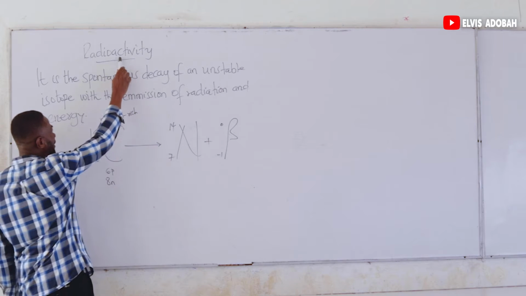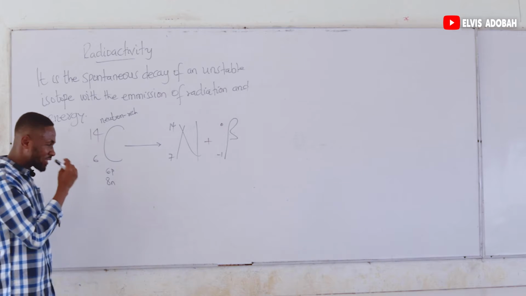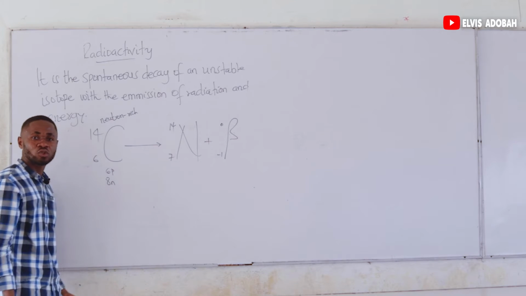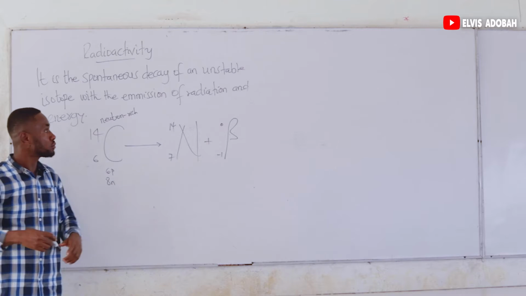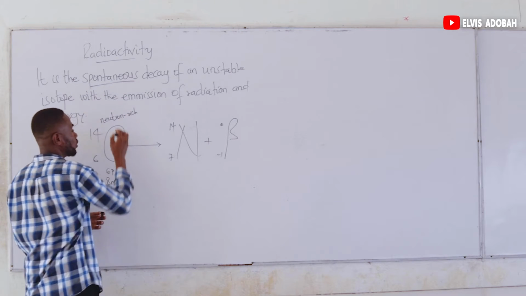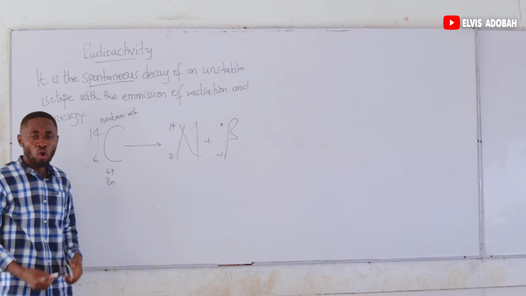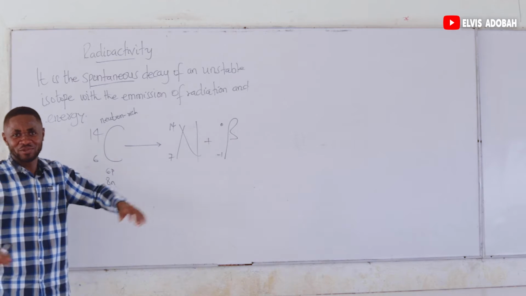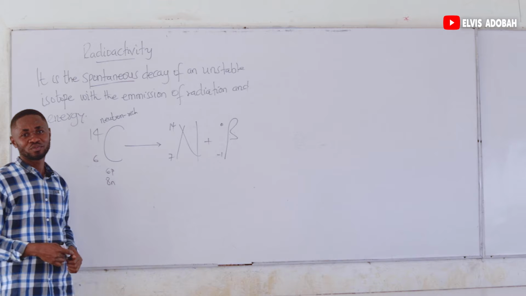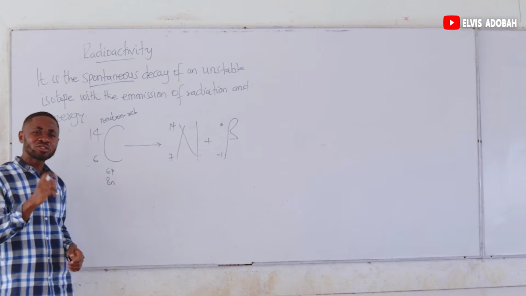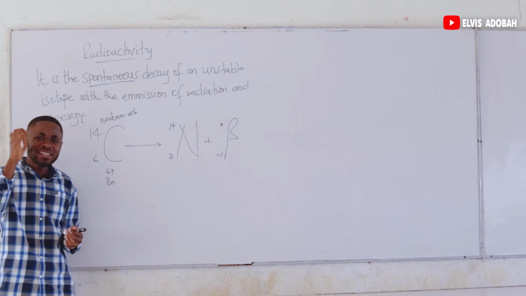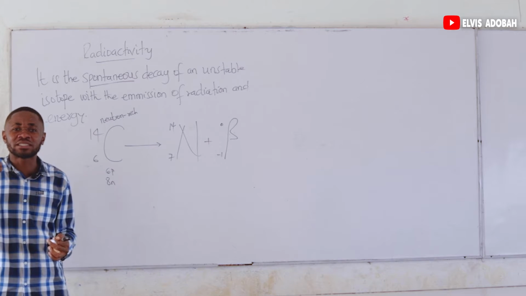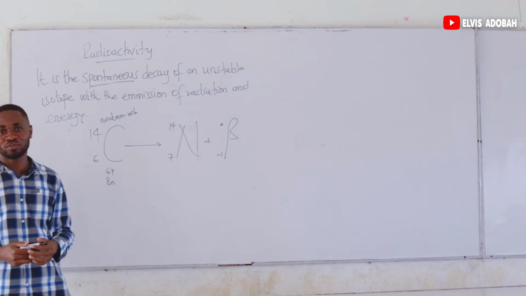So what radioactivity is telling us is that since this isotope is unstable, it will on its own, hence the word spontaneous, decay or disintegrate. It does so because it is unstable and wants to form a stable isotope.